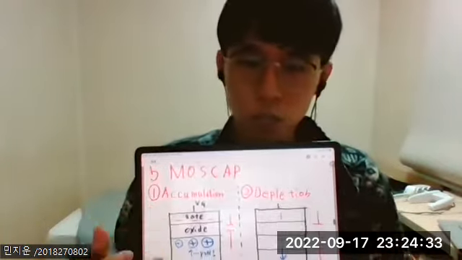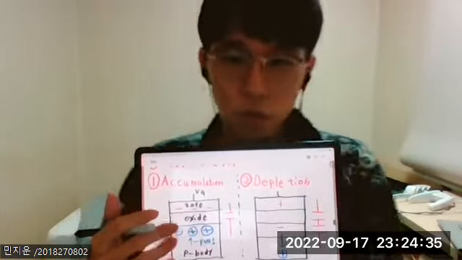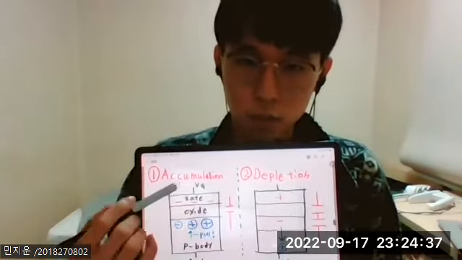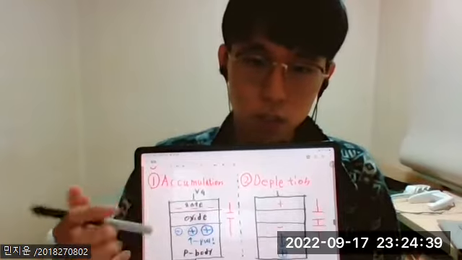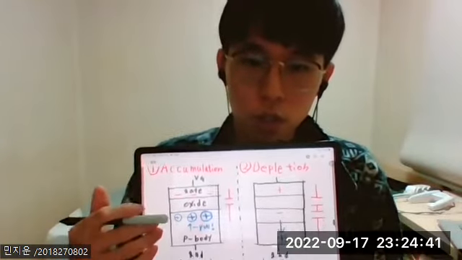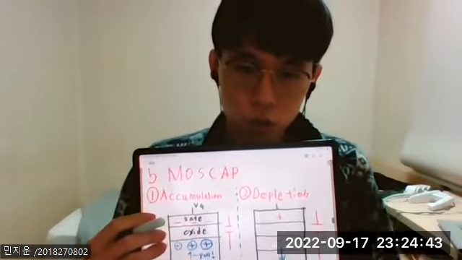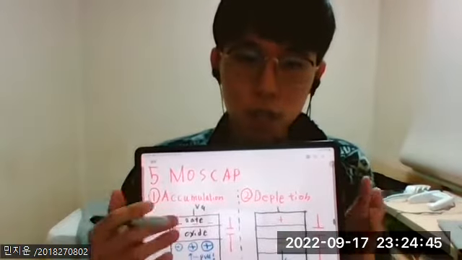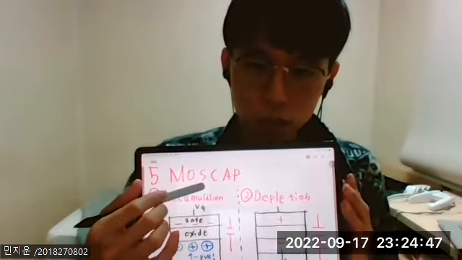Next, part 5 is MOSFET. You can see the states. This state is accumulation. The MOSFET is a metal oxide semiconductor capacitor.